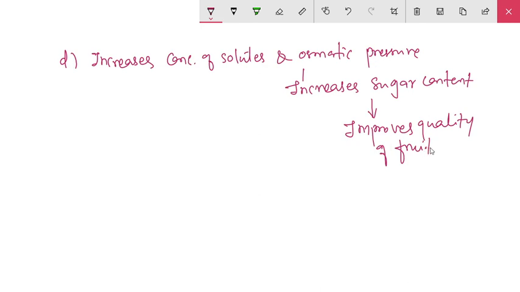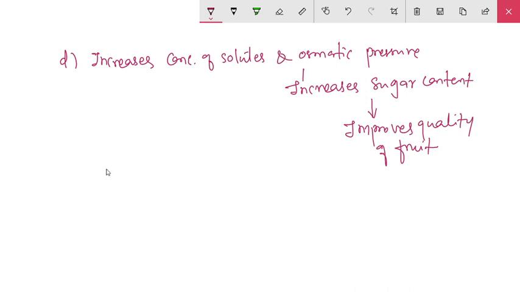It also causes a higher dry matter of the fruit. So for this purpose, transpiration is also important.